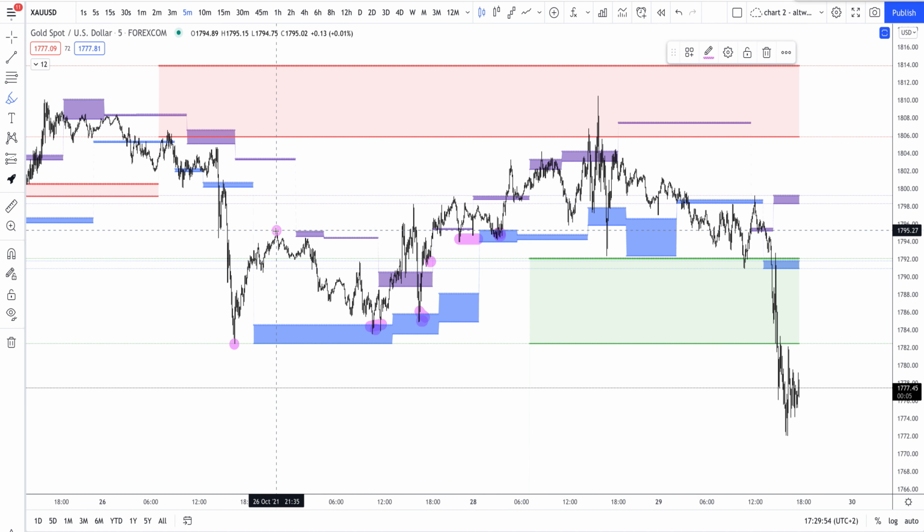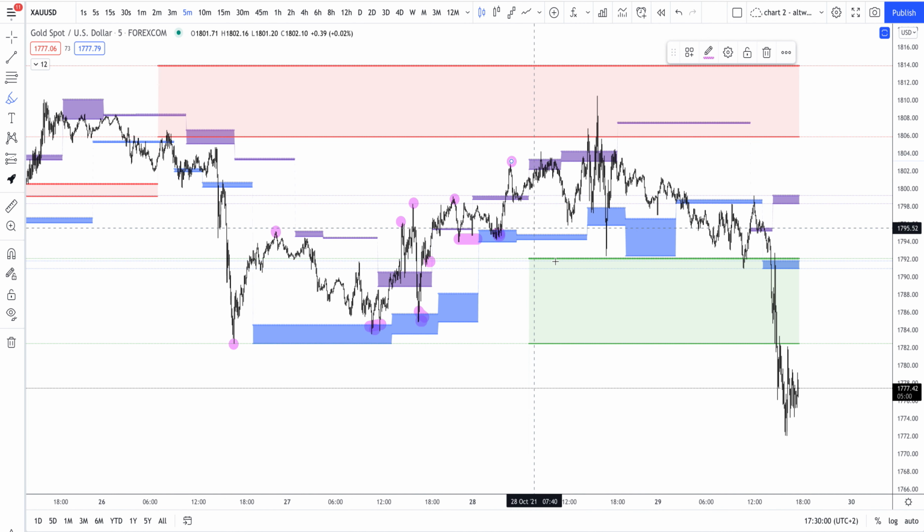Also you can see this is a high, and higher high, higher high, and so on. So it's of course good to always expect price going higher. So you don't short at supply, but you take profit.